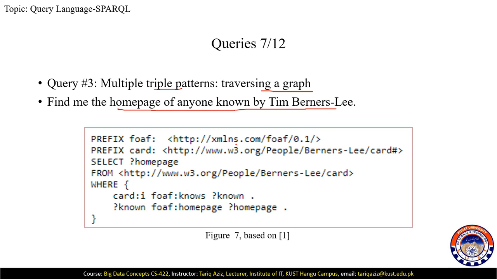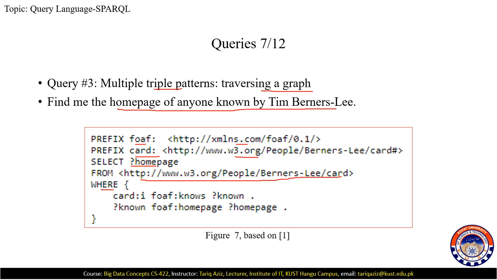The first URL is this, the name of the dataset is this, the second URL, or the second resource, is this, and this is the second name of the dataset. Here we want to extract the home page, but from which data source? In the from clause, mention the dataset. From this dataset, from this data source, from this resource, we want the home page.